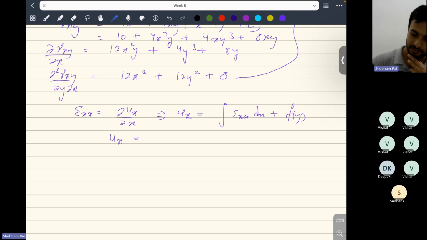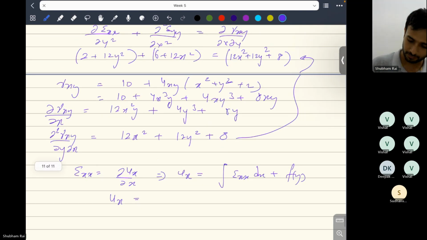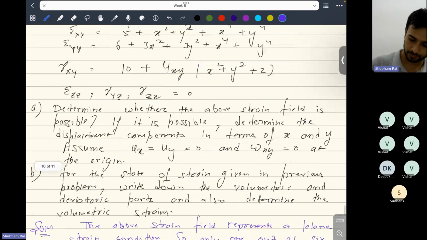Obviously, here is the constant of integration. You would have studied in your BTech first year mathematics course how to integrate partial differentials. So ux will be, if you integrate εxx, what will you get?